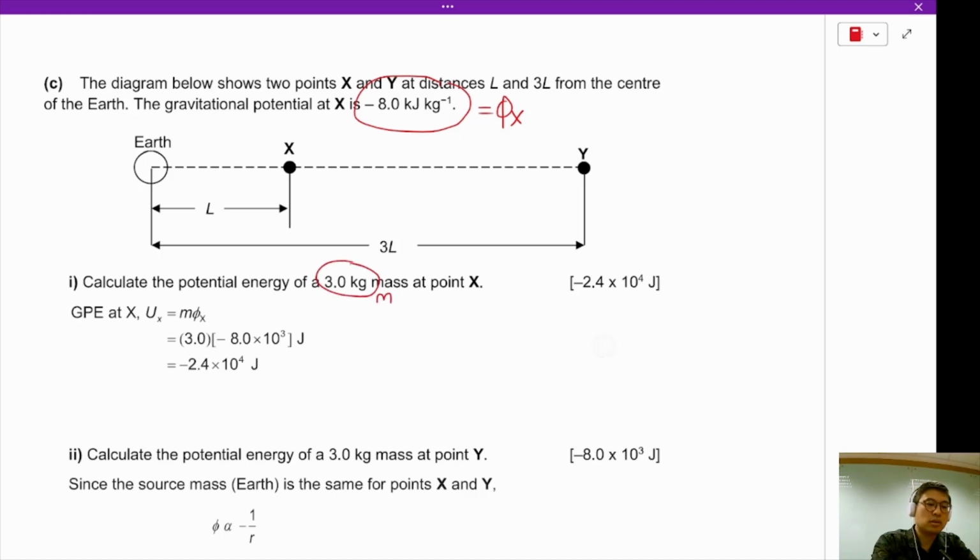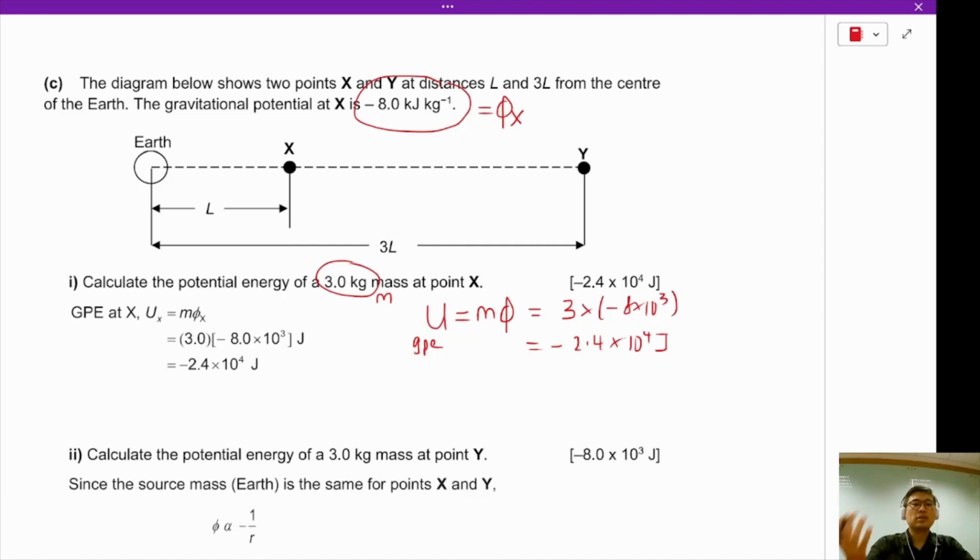So we're going to use the formula: the GPE will be the mass multiplied by the gravitational potential. This will be 3 multiplied by minus 8 times 10 to the power of 3 joules. That will be minus 2.4 times 10 to the power of 4 joules. So basically, that's how much gravitational potential energy it has. It is a negative number as expected.